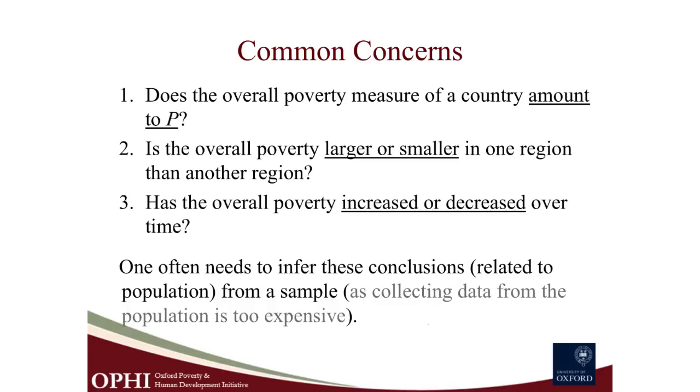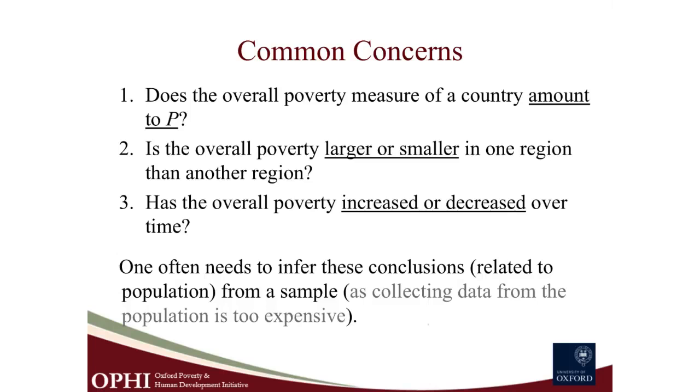So how confident can we be to claim that the estimation we get from a sample is what we have at the population level? This is the second topic that I will be presenting today.